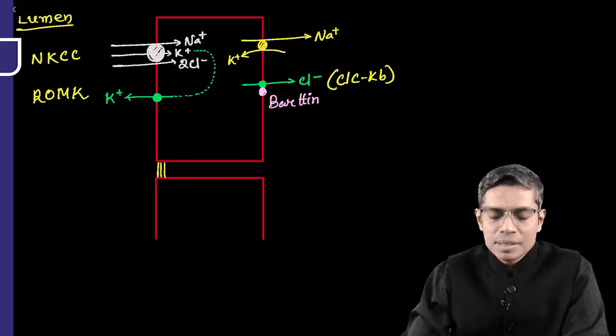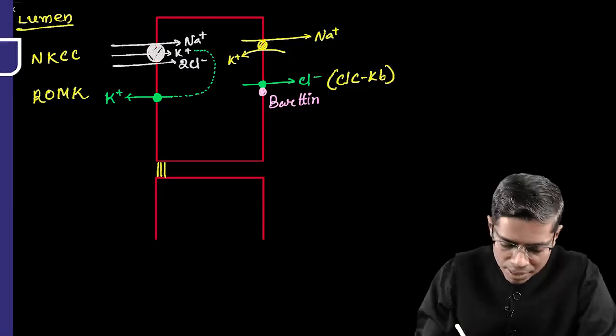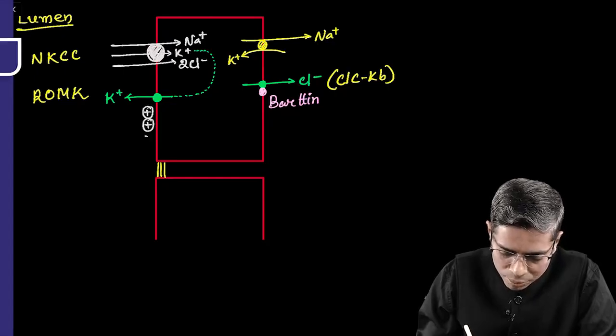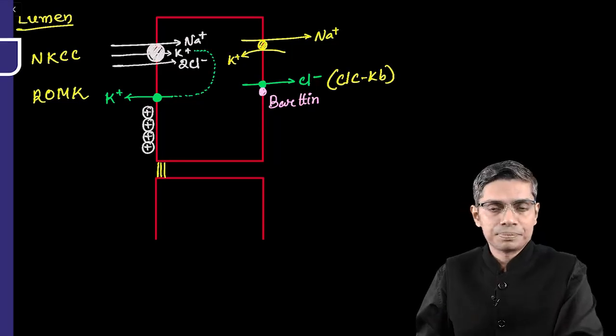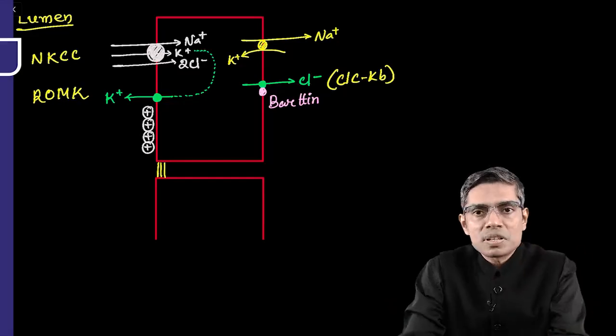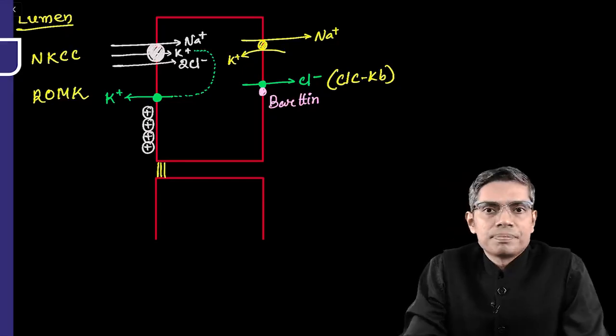So what will happen? Whenever you return one molecule of potassium back to the lumen, you are giving one positive charge, so the lumen will become positively charged. Due to diffusion of potassium back into the lumen, the lumen will be positively charged.